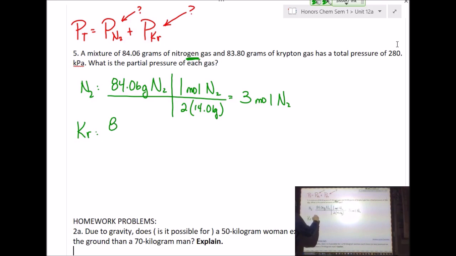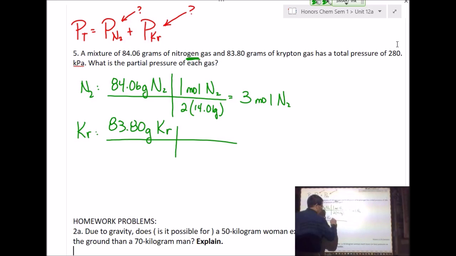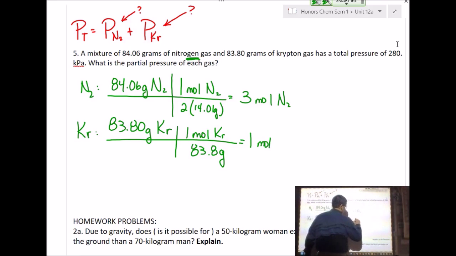We have 83.8 grams of krypton. How do you write krypton, Kr or Kr2? Kr, very good, since there's no gen or ine at the end, and it's a noble gas. I made this problem really easy: 1 mole of it is 83.8 grams, so that equals 1 mole of krypton.